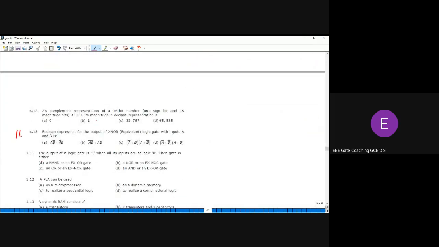So 16th problem answer. Answer for 16th problem.